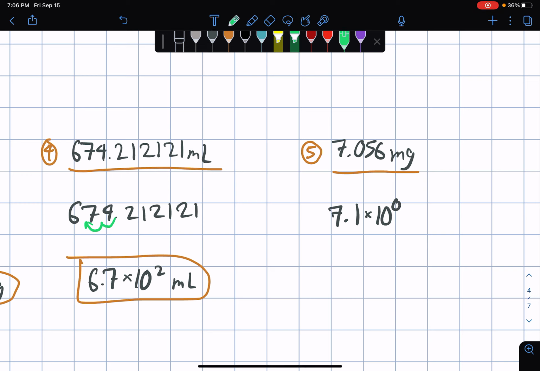We didn't move the decimal point anywhere, it stayed where it was. So that doesn't make any difference. Any number that is raised to 0 will yield an answer of 1, which doesn't make any change with 7.1. 7.1 times 1 is still the same, 7.1.